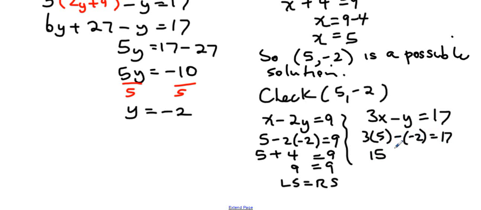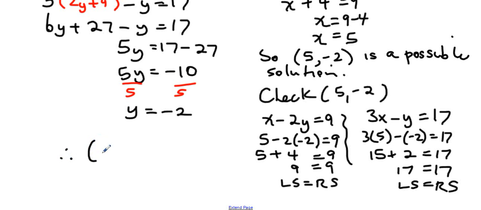A minus minus, when you're multiplying two minuses, that's a plus. And we've got 17 over here, and 15 plus 2, of course, is 17. And left side does equal right side. So we can conclude then that the point 5, negative 2, is the solution to the linear system.